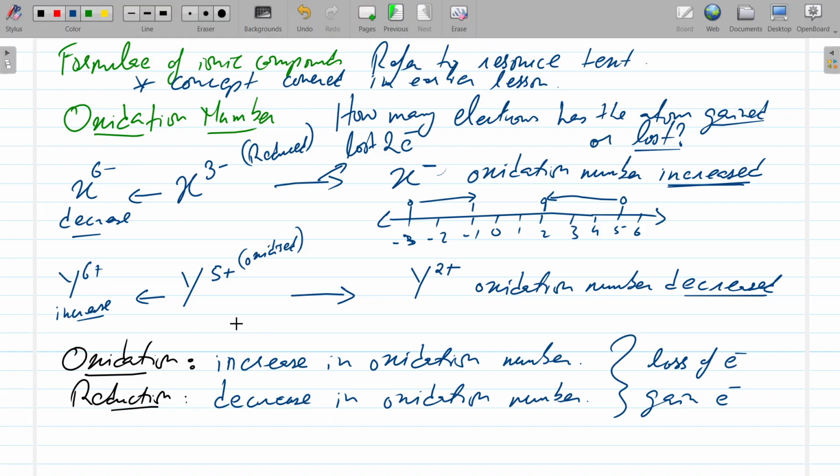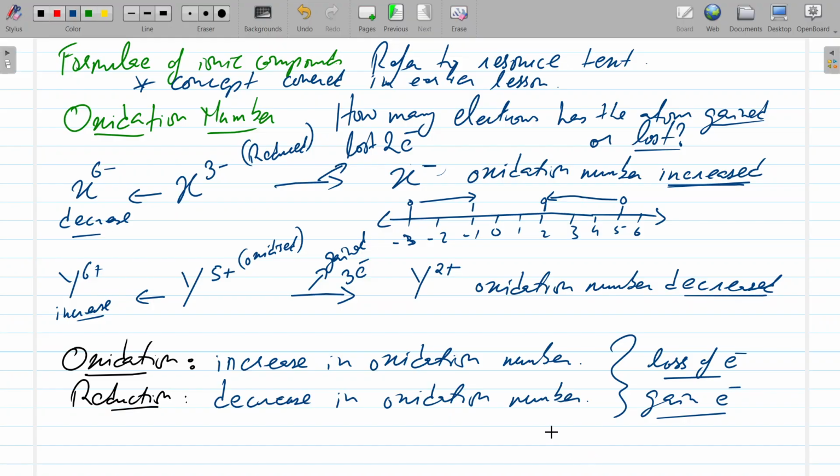So it gained. Remember the charges, the oxidation state. When you gain electrons, if you're starting from zero, it goes to negative. If you already have an oxidation number, then it decreases. So what's happening over here? It gained 3 electrons. Isn't that the same as what we studied earlier?